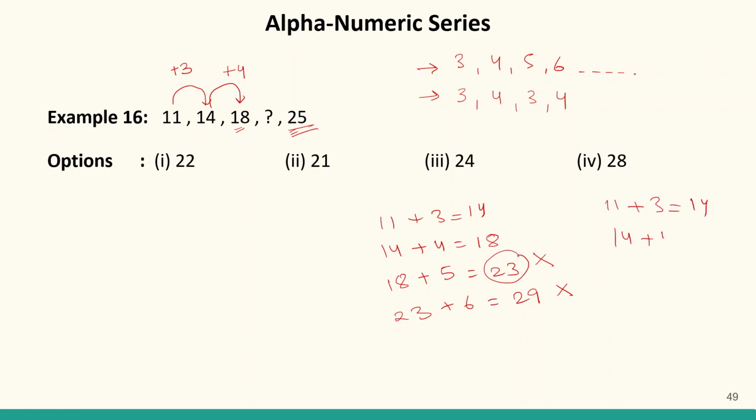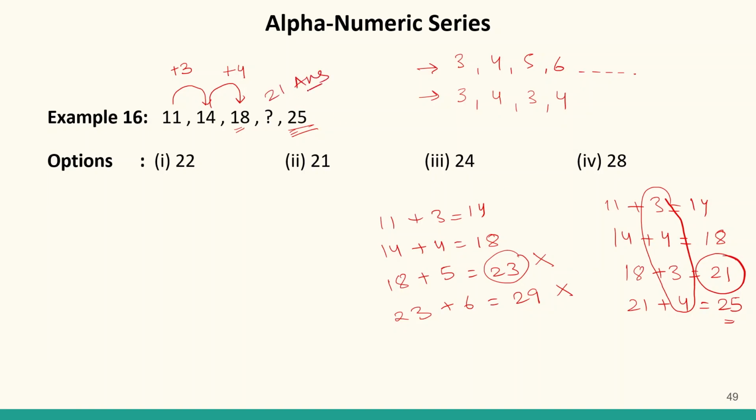If we add 4, we get 18. If we add 3 again, true, this logic is following because the last element of the series is 25 and here also we are getting 25. So 21 will be our answer. Option number 2.